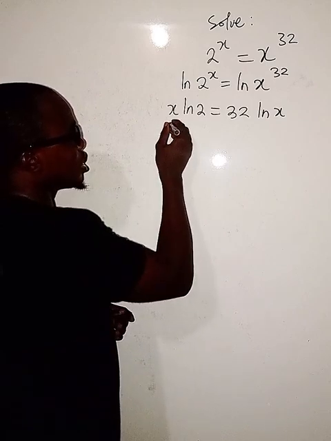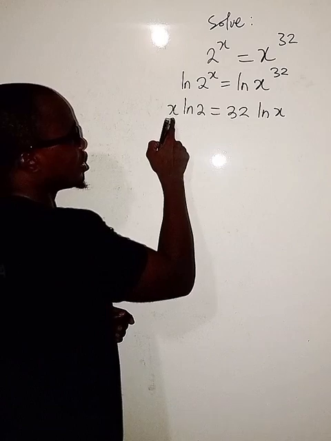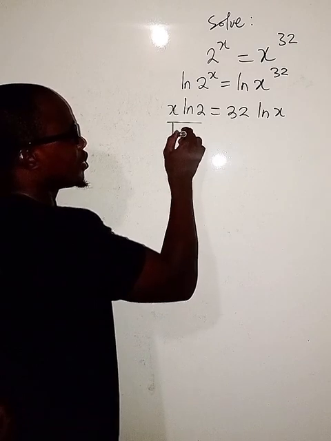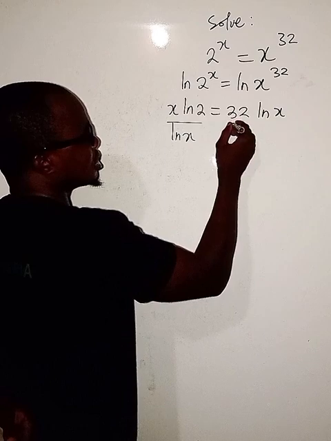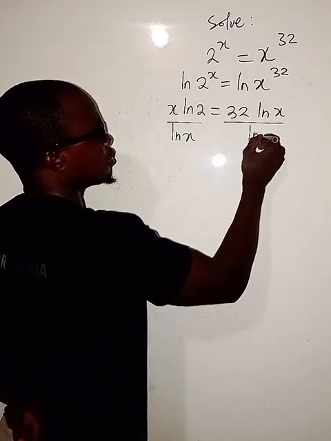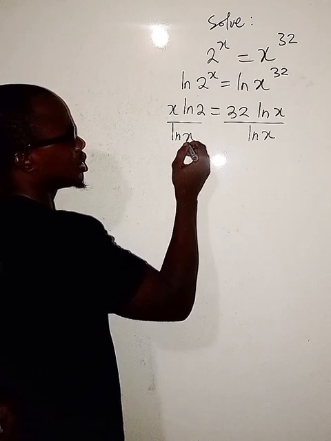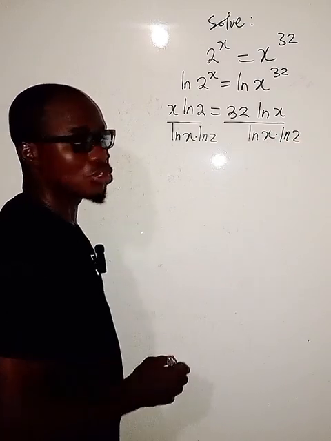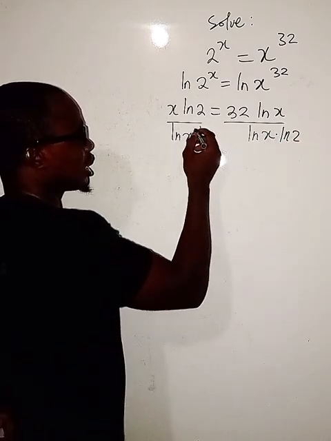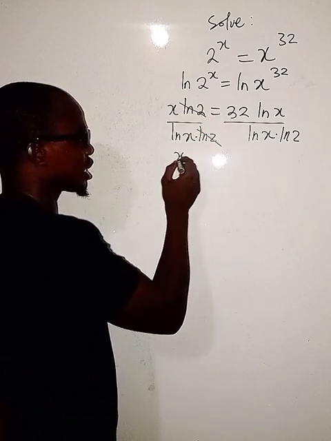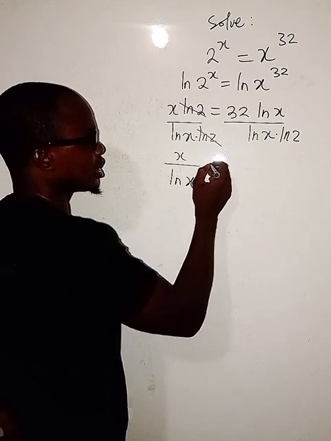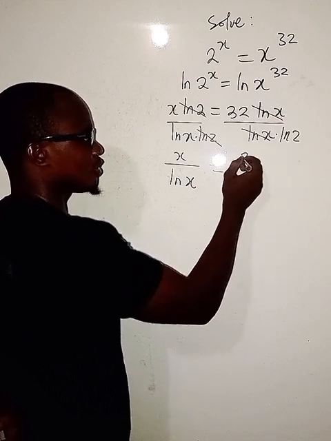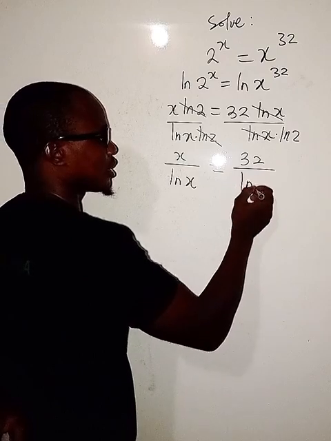So this can be x over ln of x, and on the other side we have 32 over ln of 2. Ln of 2 cancels on one side, ln of x cancels on the other, so we have x over ln of x equals 32 divided by ln of 2.